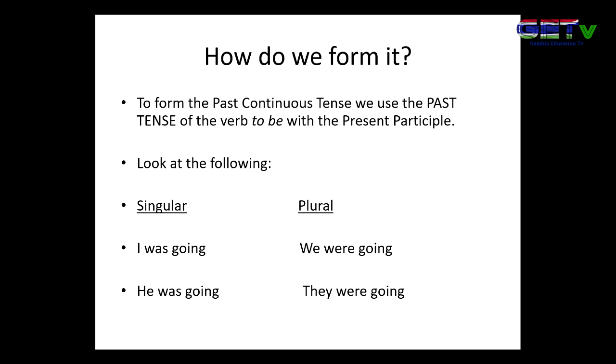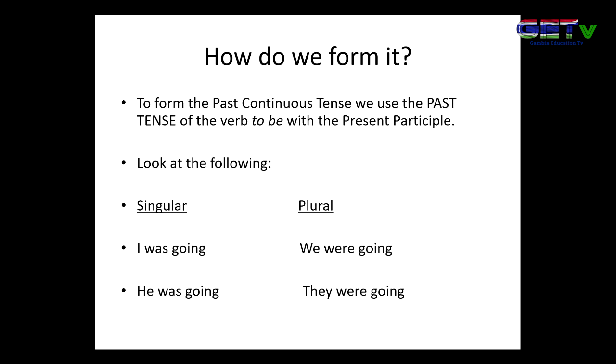We have plural sentences. I is singular. I was going. So the verb to be would become was. We were, plural. Myself plus another person, we will call ourselves we. We cannot say we was. We will say we were. We were going to school.